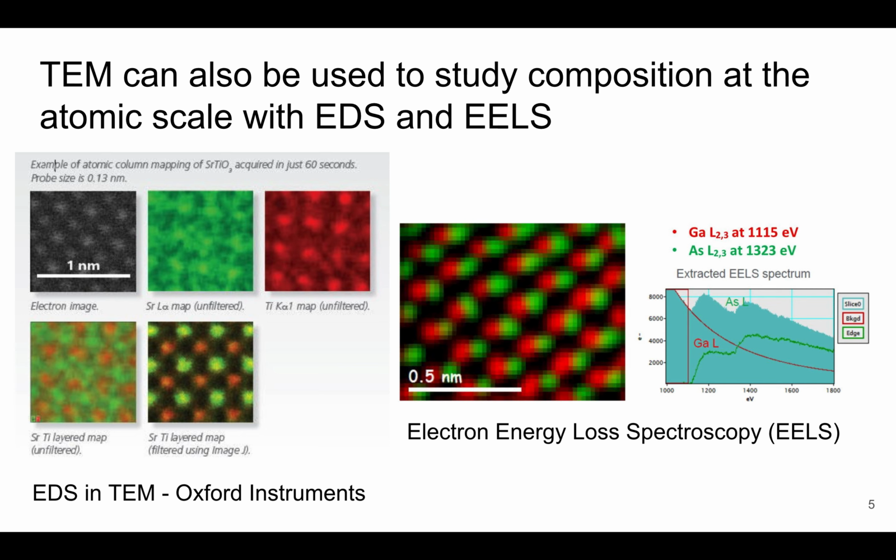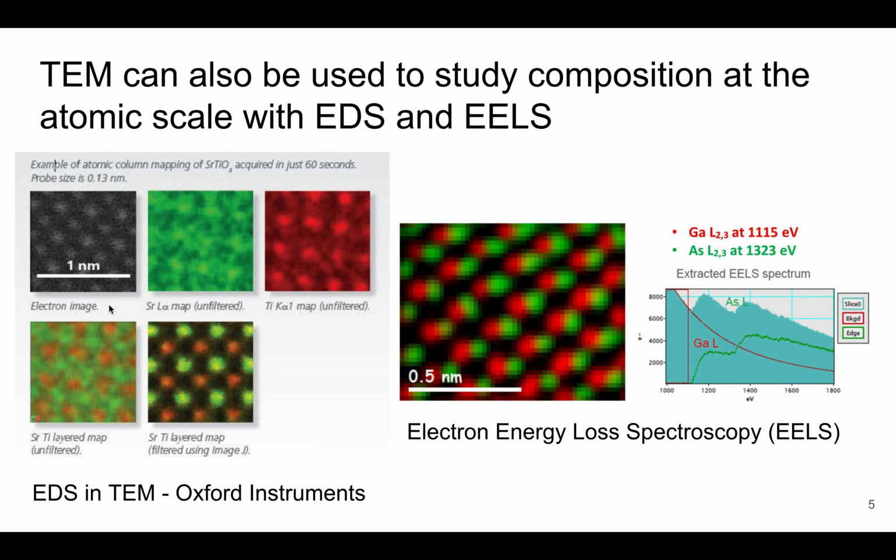Also, TEM has a number of ways in which we can study composition, and some of these are techniques we can also do in SEM. We talked about EDS. EELS is a new one, but some of these are things that we can do on SEM. Anytime we have a higher resolution, we're able to use these techniques and really study composition at the atomic scale.